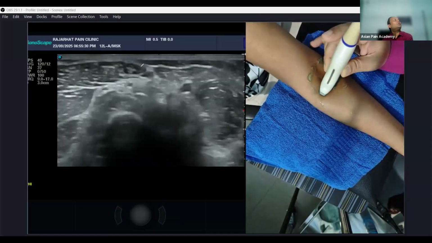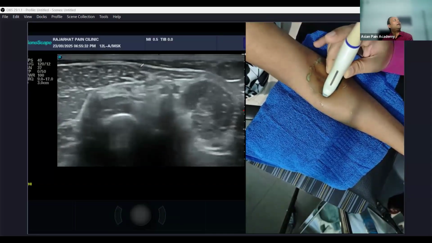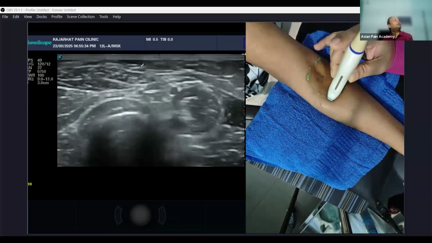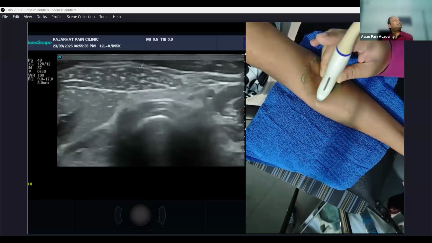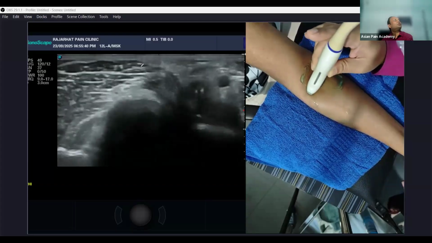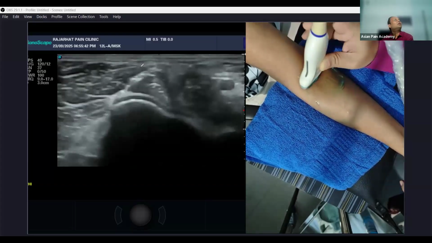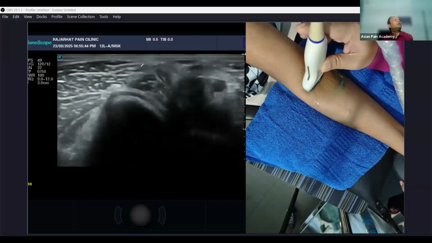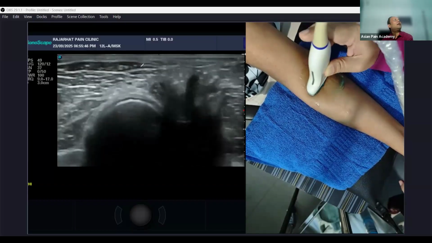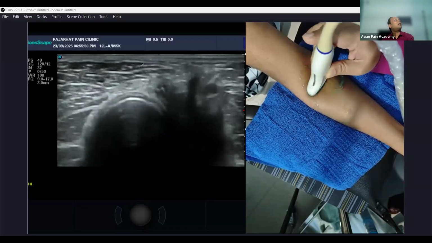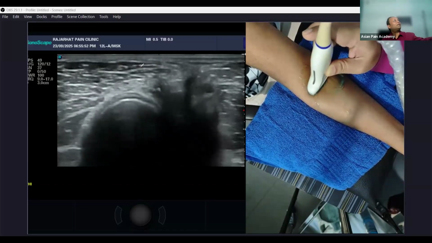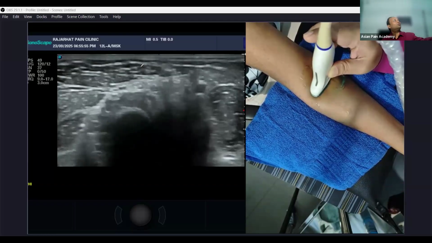So this is the joint area. As soon as I see the rounded structure, so just a minute. So this is the humeral end, the joint area, and this is the radial head. As soon as I see the radial head, I will try to see the supinator also.